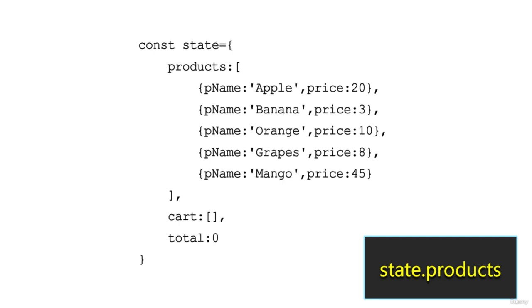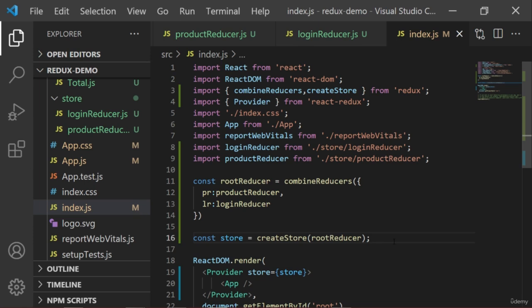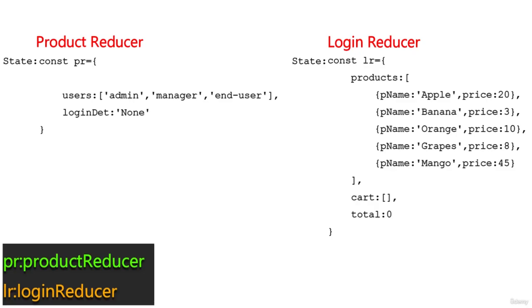But now we have used combineReducers where the product reducer and login reducer contain the data with another parent reference, that is the PR and LR. As you can see in this illustration, the PR and LR are becoming parent of all these values. PR is becoming parent of these values, whereas LR is becoming parent of these values.